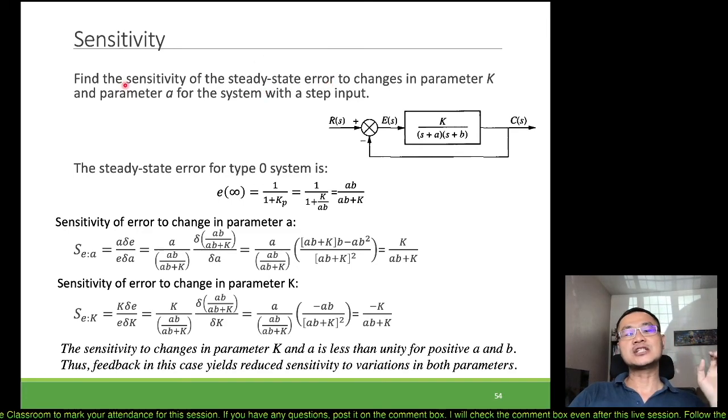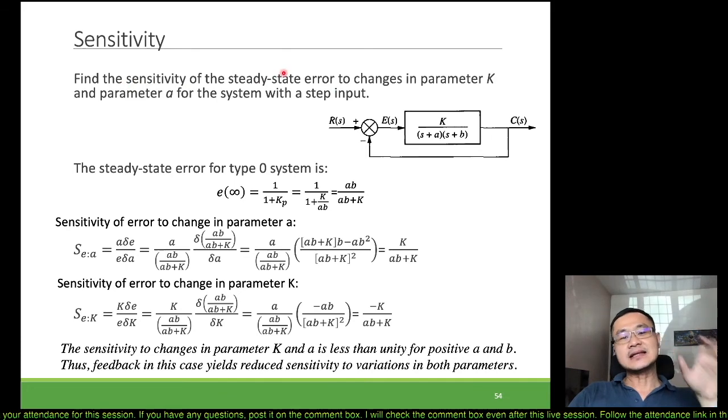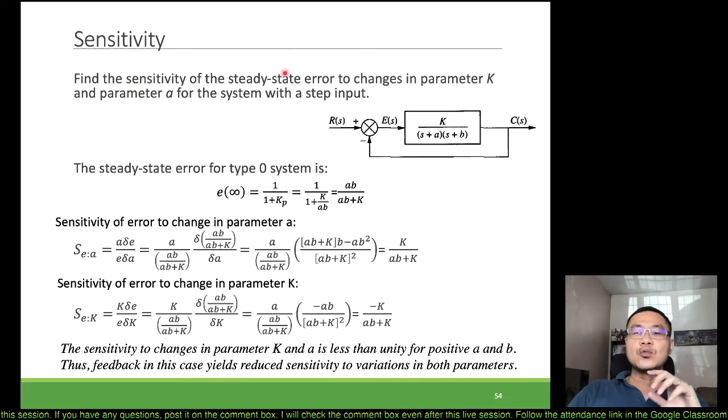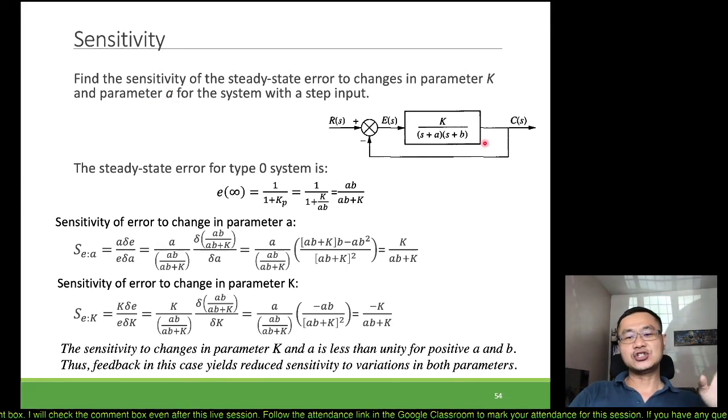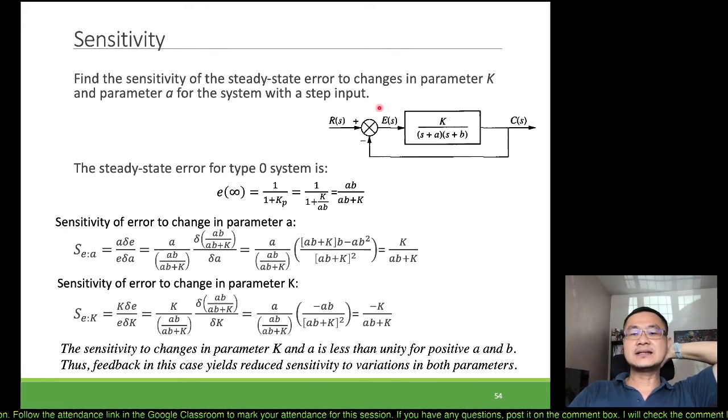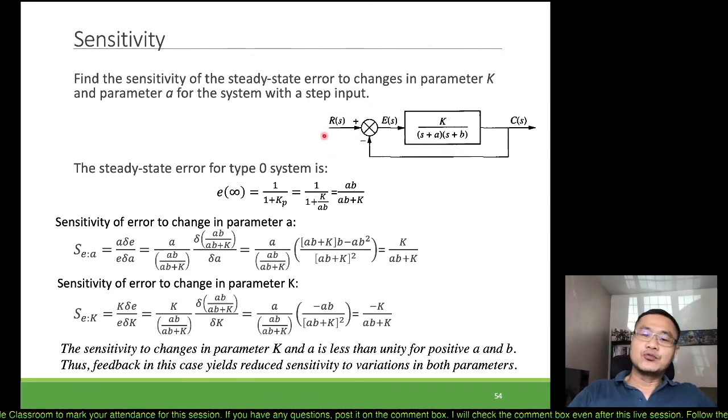So we want to check the sensitivity of this steady state error function when parameter k and parameter a in this system change, and how it would affect the steady state error. So assuming again this system is subjected to a step input, we put 1 over s over here.